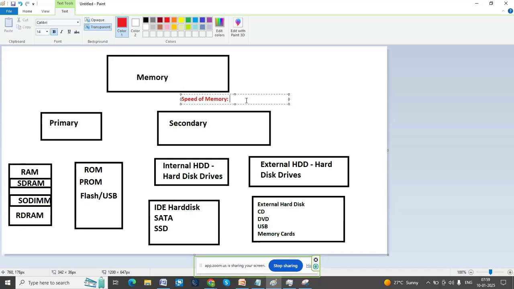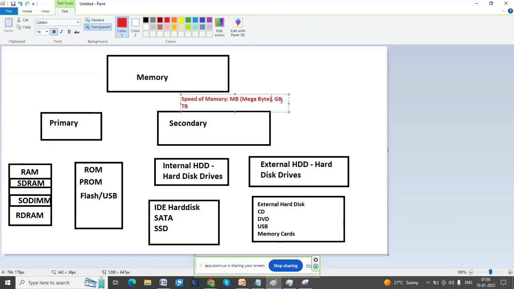In a vehicle, it is measured in kilometers. Here, memory is measured in MB, GB, TB. MB means megabyte, gigabyte, terabyte.